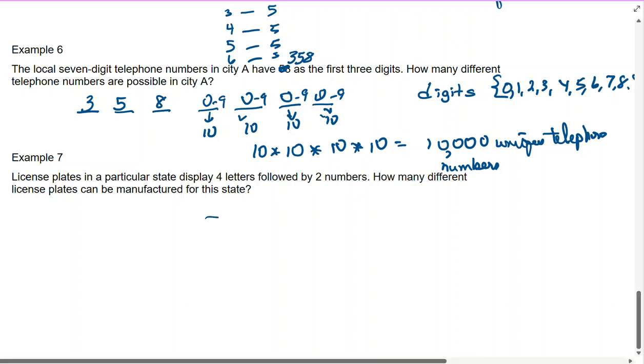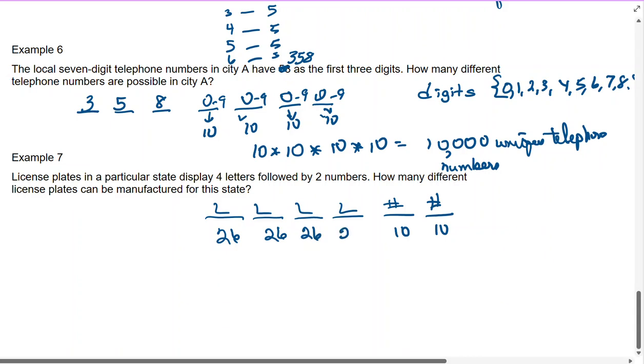All right. So we're going to stick that large number in the calculator. We're going to have 26 up caret 4, because it's repeated multiplication, and then we're going to multiply that by 10 squared. And we're going to enter.